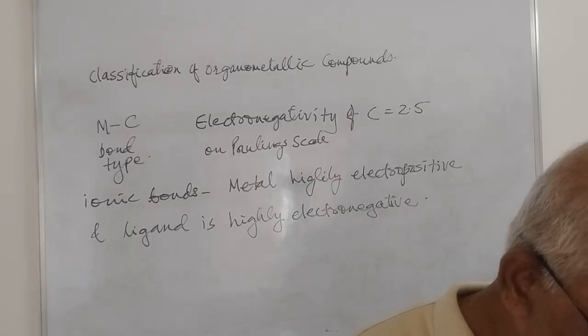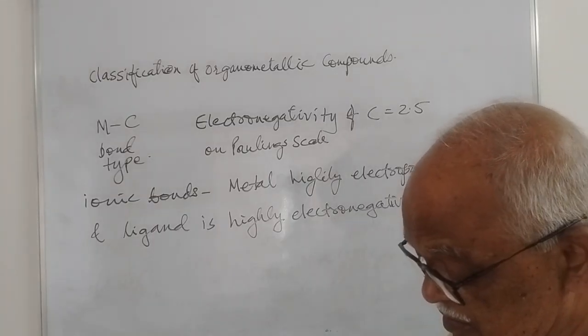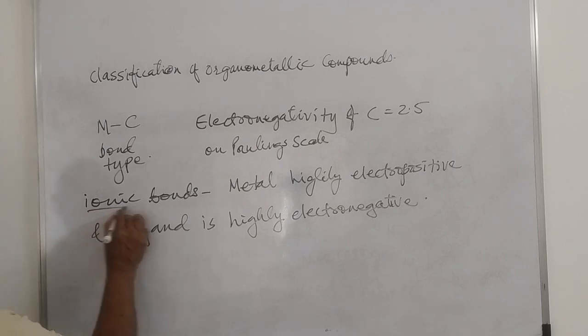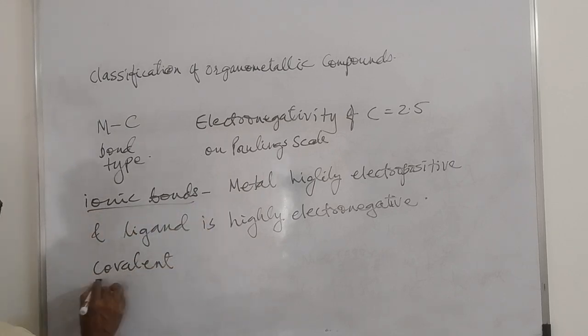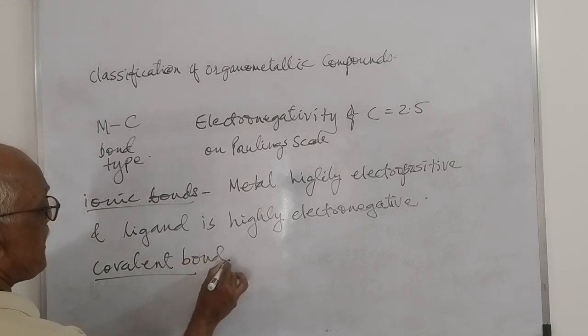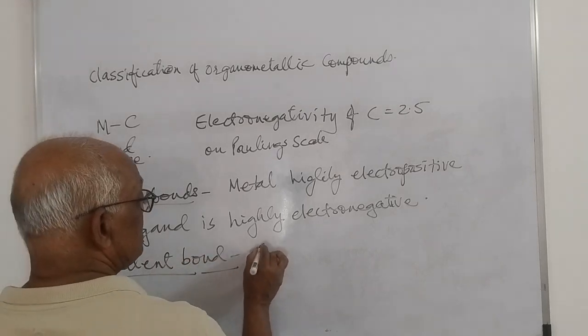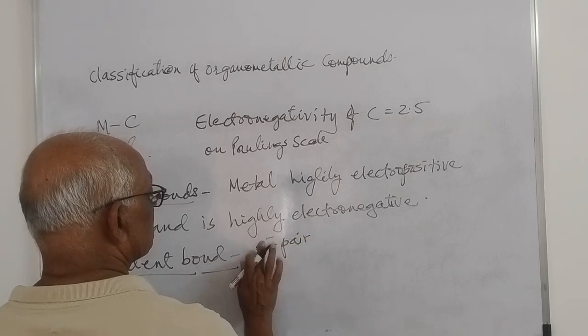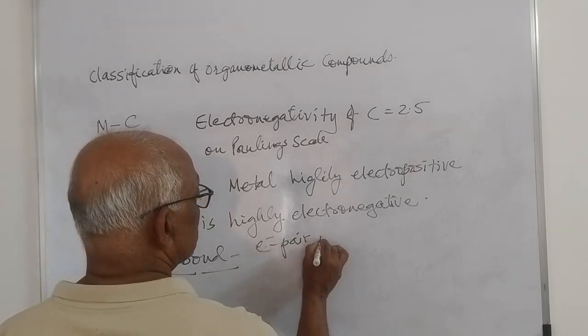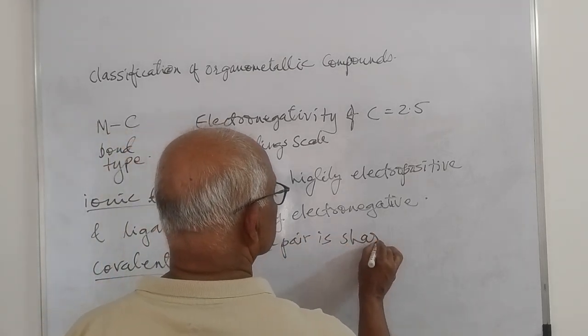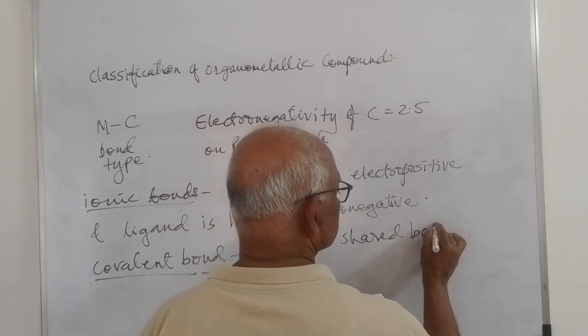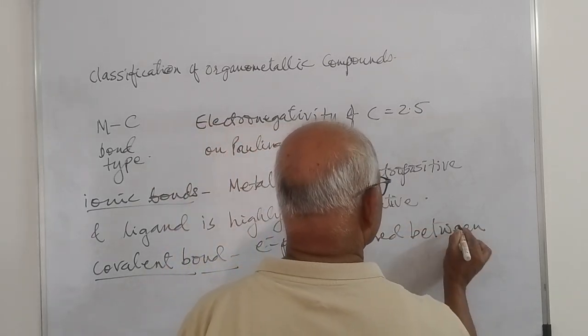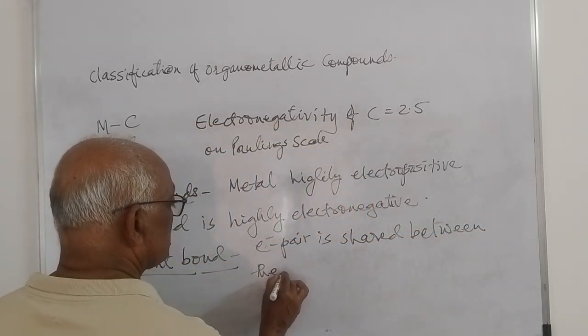Electrovalent bonds are about ionic bonds. If the bond is covalent, the electron pair is shared between the bonding atoms.